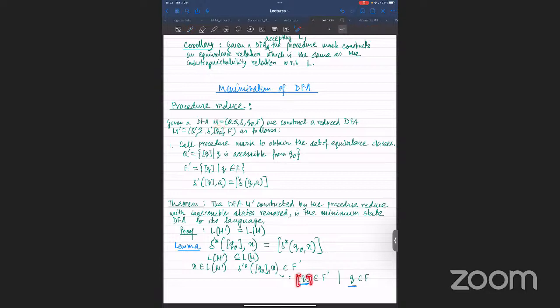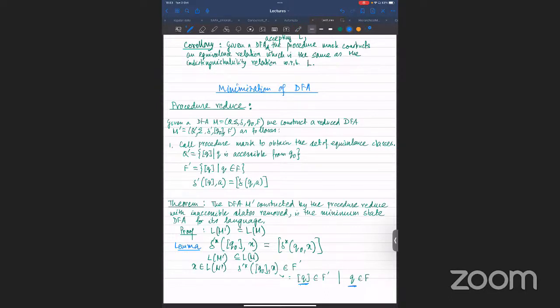This class that you get by merging several such states which are equivalent, which are indistinguishable, right?